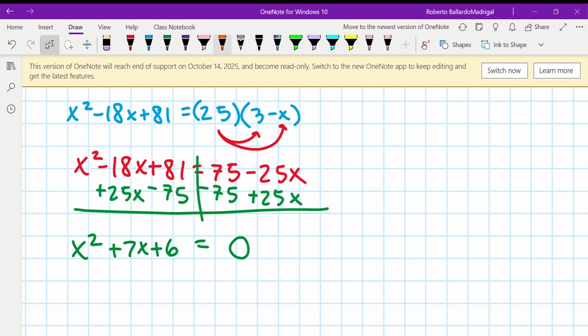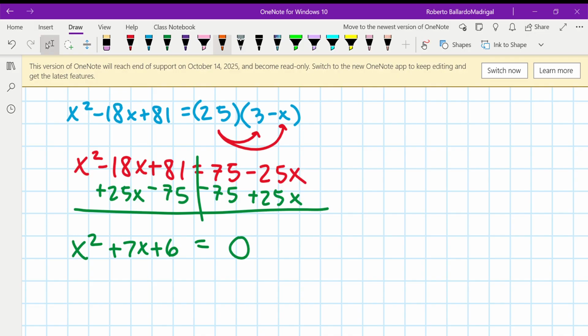Give you guys some time to write that down. The goal is, however, to get a trinomial. Do we anticipate what the next step will be? Factor. All right. If you're done writing this down, attempt factoring it on your own. I'll put up the steps for that in just a second.